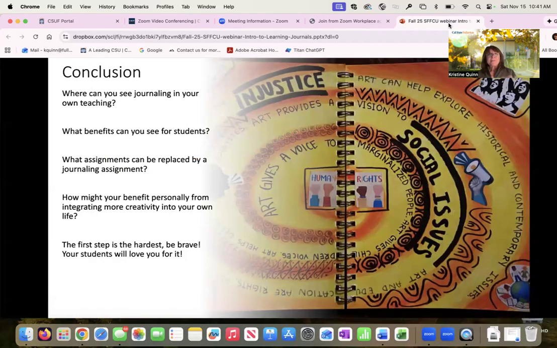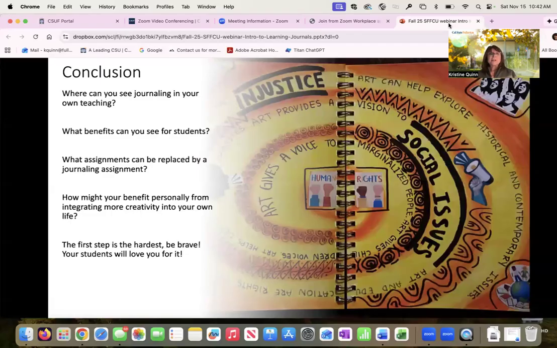So, in conclusion, I want you to think about where you can see journaling in your own teaching. Is there space for it? Can you see yourself introducing this new idea? How often can you see your students having this opportunity to create a learning journal page instead of a traditional assignment?